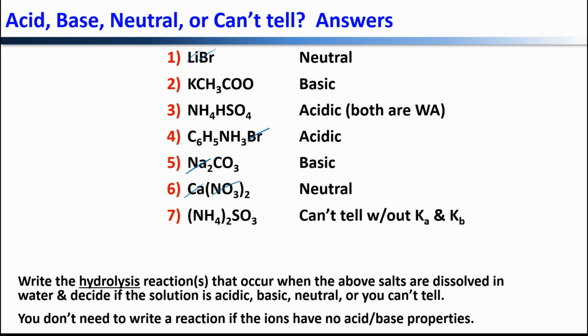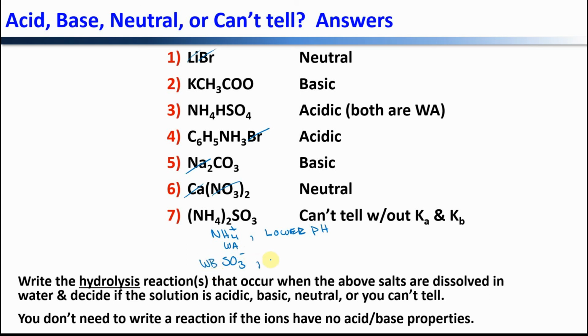And then everything else, now my ammonium, we've done this a bunch of times now. This is NH4 plus, so the only thing it can do is act as a weak acid. So this would lower the pH. My SO3 2 minus, well, that would be a proton acceptor, so this would be my weak base.